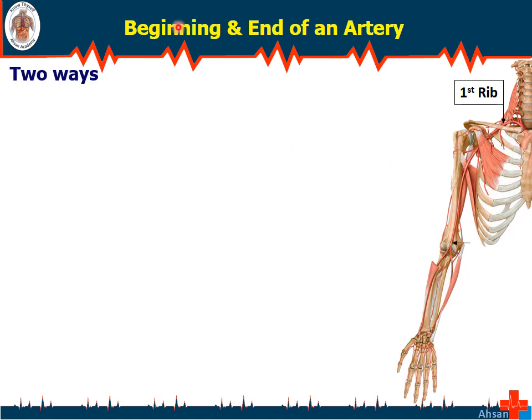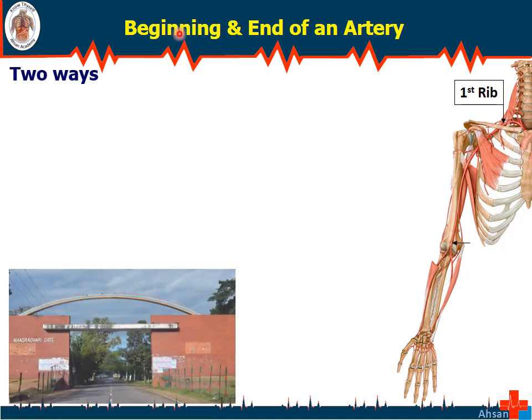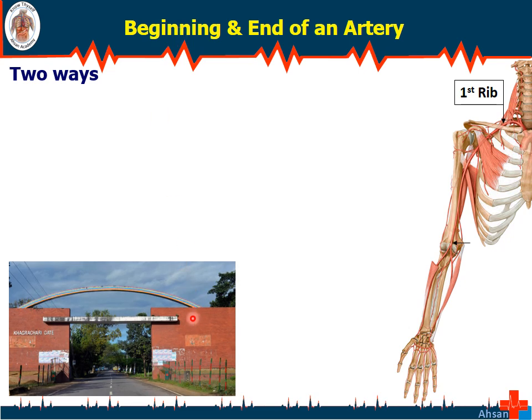How the artery originates means begins. So the beginning may be as a continuation. Suppose this is a road. This road is crossing one territory outside this wall, and inside this gate there is another territory. So the road up to this level has one name, then it becomes another identity.